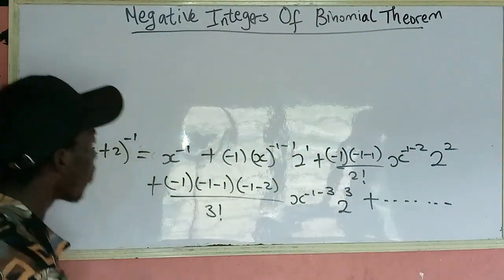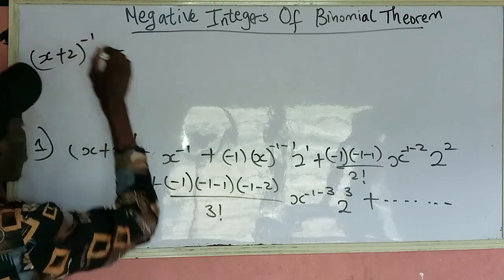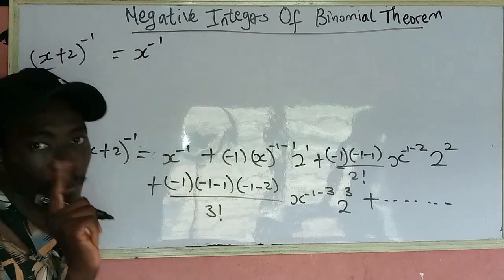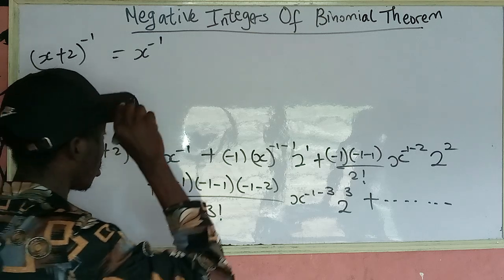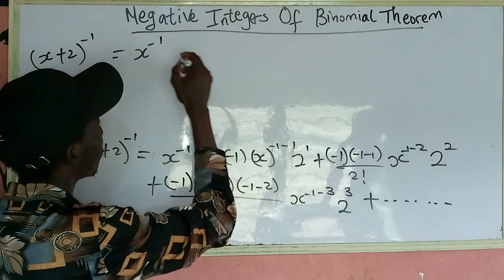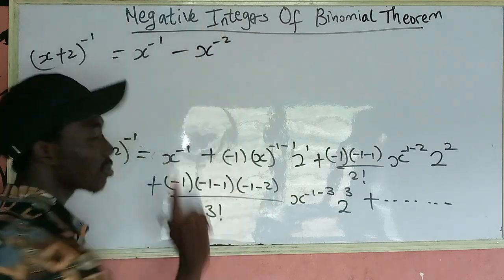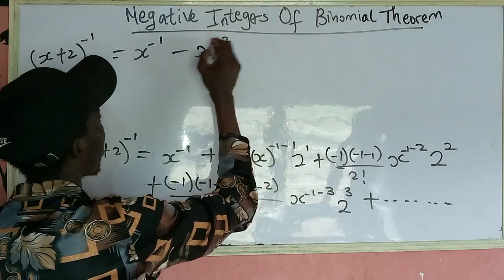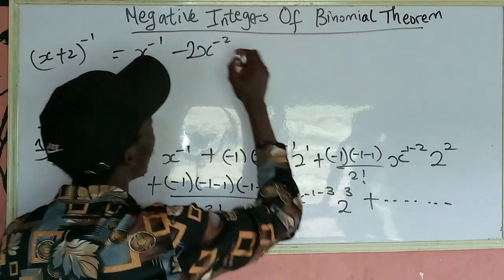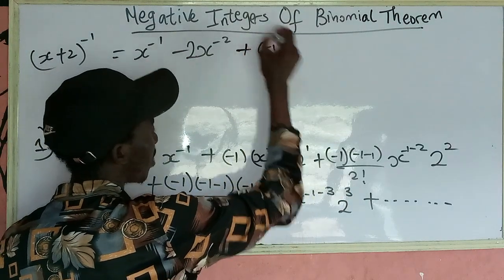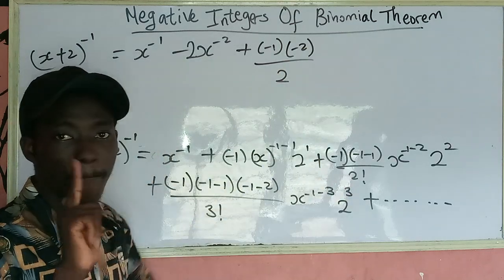Good. Now concerning this, you have x to the power minus 1, then minus x to the power minus 2 times 2, so you have a 2 here. Next one, you have minus 1 and minus 2 over 2. 2 factorial means 2.